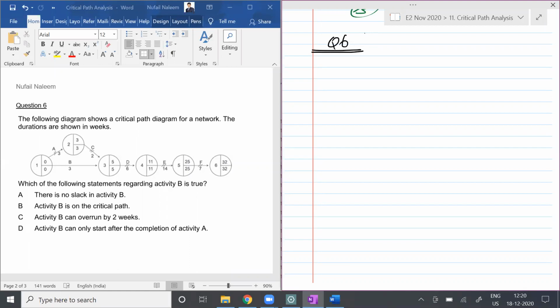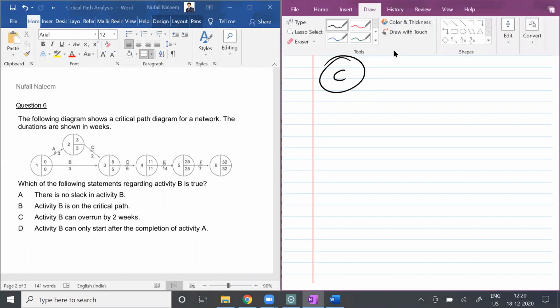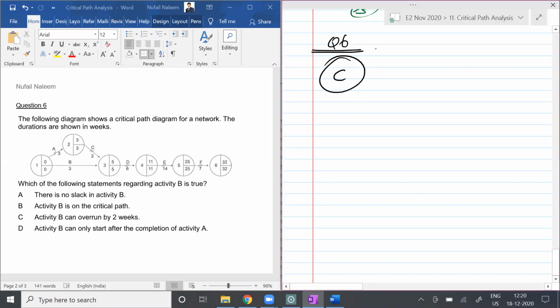C. I will write that. Fauzan? C, sir. Yes, C. The correct answer is C, students.